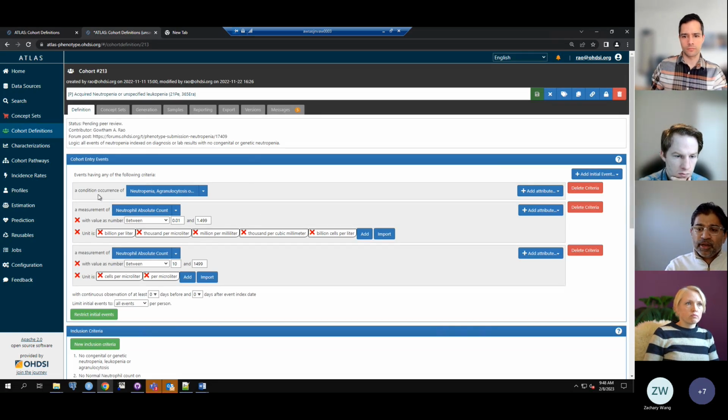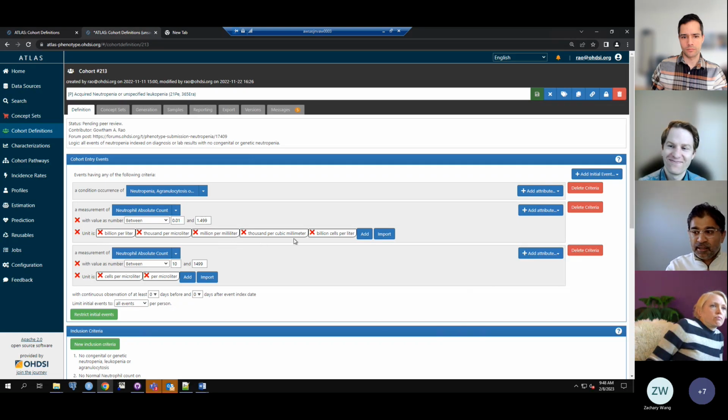In neutropenia, people can enter either because of a diagnosis, that is condition occurrence, or a measurement. But the measurement could be in different scales. The units could be billion per liter, 1,000 per microliter, which is equivalent, million per milliliter, which is equivalent, 1,000 per cubic millimeter, billion cells per liter.